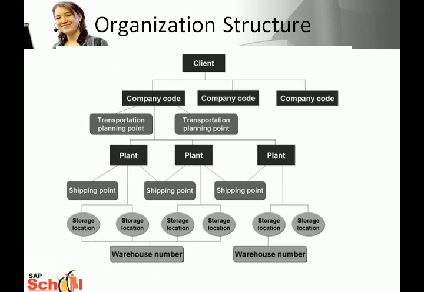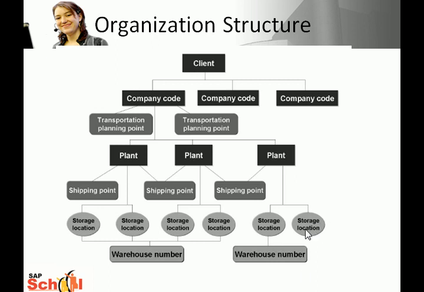This means that a connection is created between warehouse management and inventory management, because the storage location is the organizational unit for quantity-based inventory management. So this storage location is linked to the plant, and the warehouse number is linked to both storage location and plant.